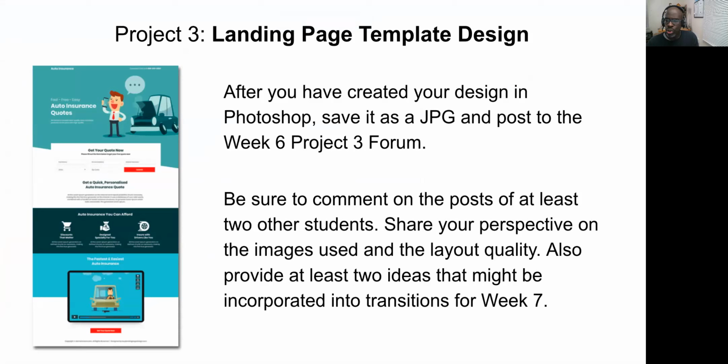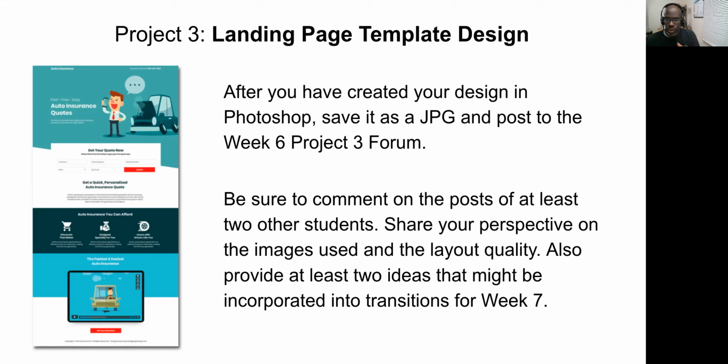So that's what's due in week 6, and that's really it. It's this one image recreated and posted as a JPEG into the forum, along with comments to your classmates. So let's talk a little bit about week 7, which we will cover next week.